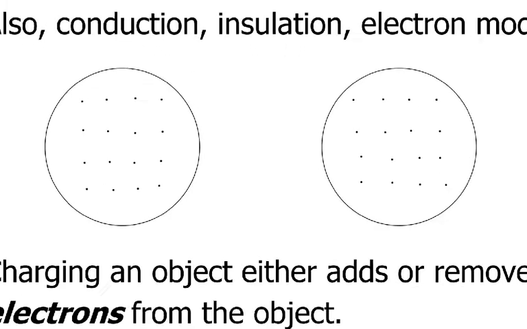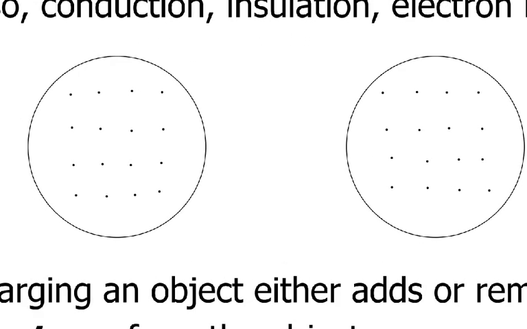Let's zoom in a little bit on these two objects. So basically, in order to induce a charge or cause some induction to occur, you're going to need to move charges from one object to another object. And the way you do that is almost always by moving electrons.